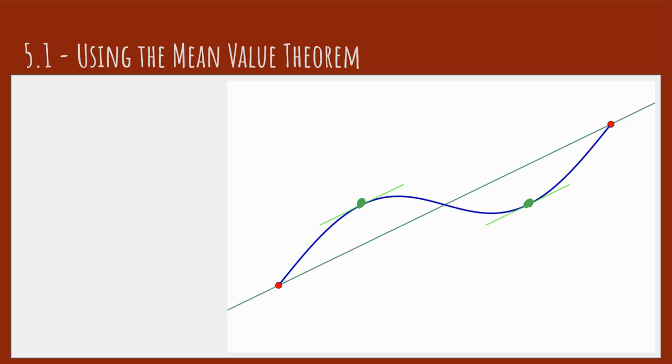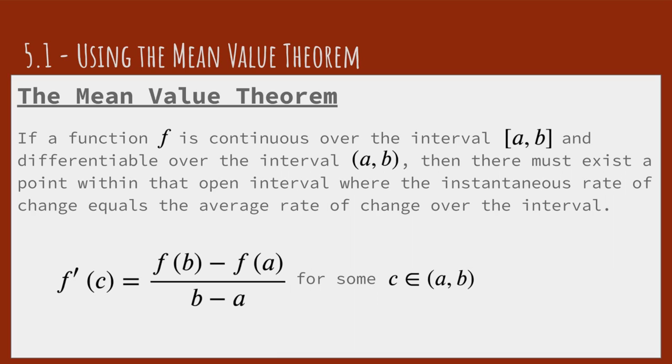The instantaneous rate of change, on the other hand, would be the slope of the tangent lines. What's happening at these particular points right here is that the speed of the car, or the velocity of the car, at those points matches up with the average rate of change, or the average speed. So the mean value theorem says that that has to be the case.